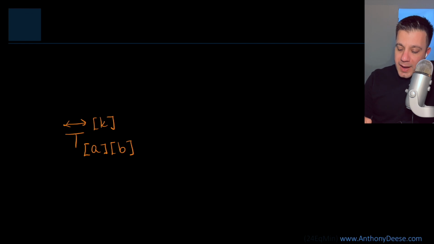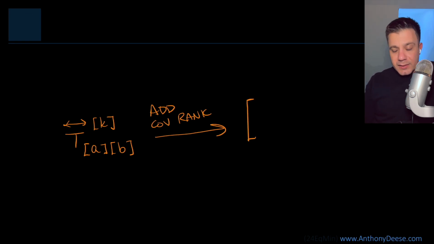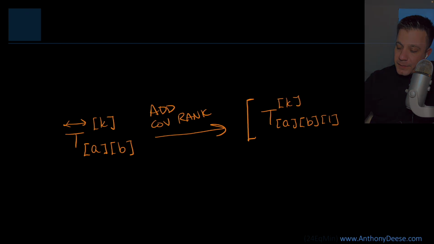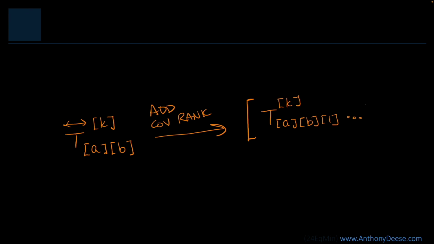And if we want to add a covariant rank, what we do is we stretch that out horizontally into a number of subelements, or an array containing subelements. So now we have T, A, B, 1, still K, and then that takes us all the way to T, A, B, N, C, where that represents the length along the third covariant rank.